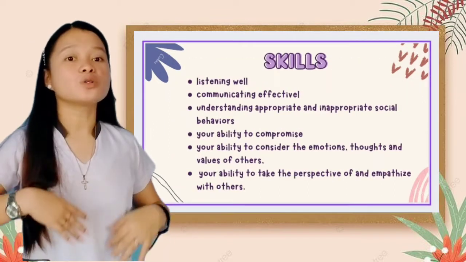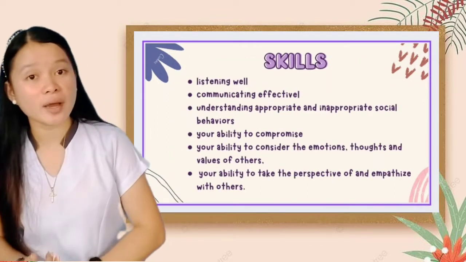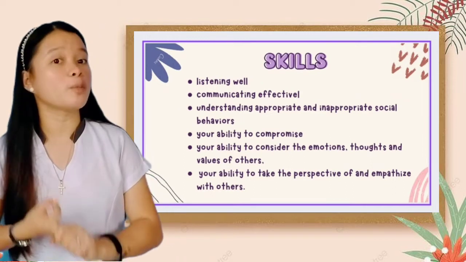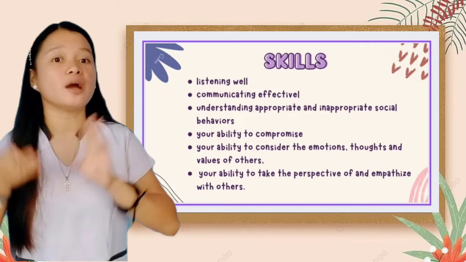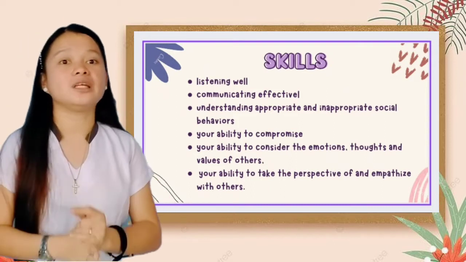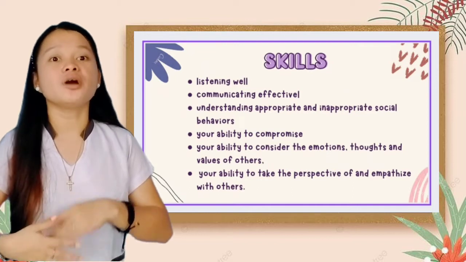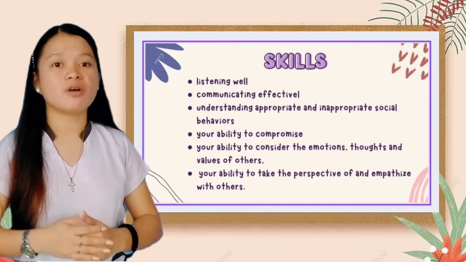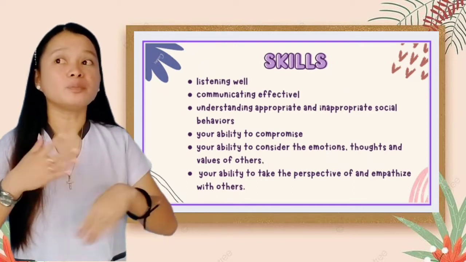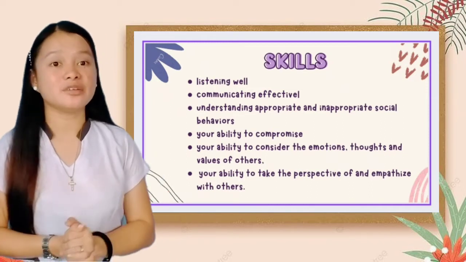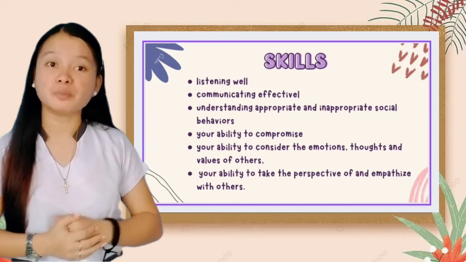This also includes skills like listening well, communicating effectively, understanding appropriate and inappropriate social behaviors, your ability to compromise, your ability to consider the emotions, thoughts, and values of others, and your ability to take perspective of and empathize with others, as well as in personal situations with family and friends.